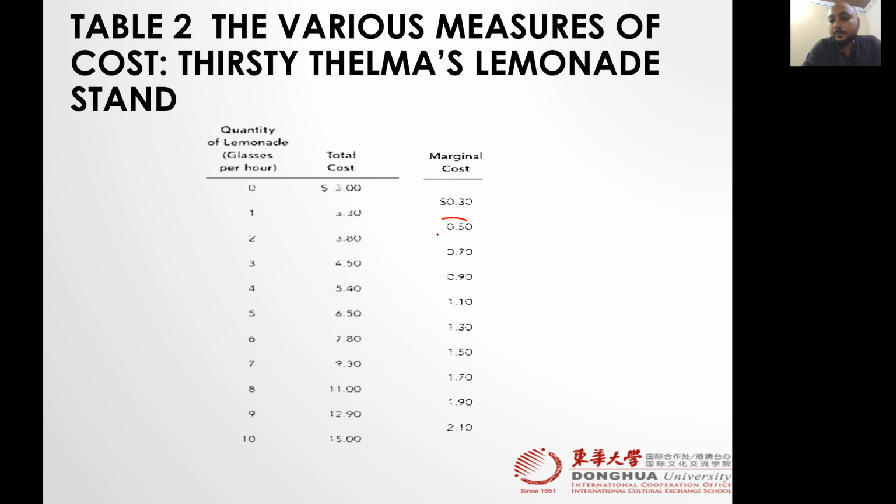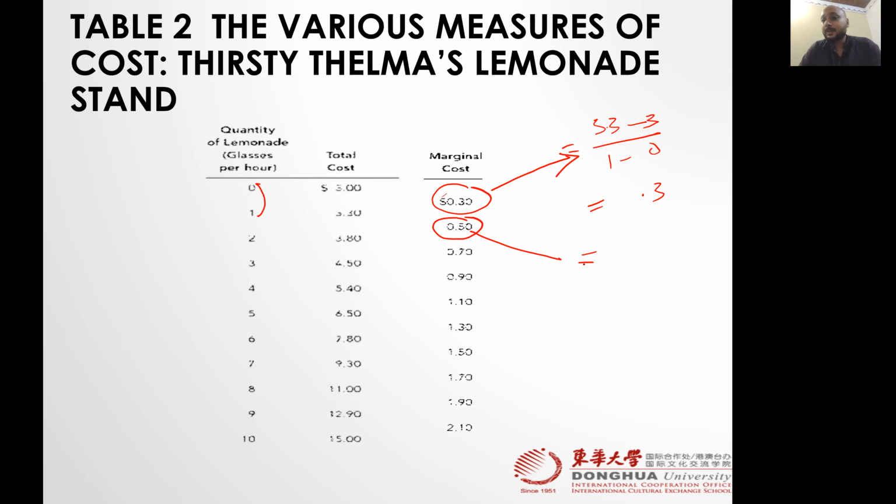So where are this 0.3 and 0.5 coming from? If you produce one more unit from 0 to 1, what is the change in total cost? Change in total cost is going to be 3.3 minus 3, divided by 1 minus 0. Answer is going to be 0.3. How is this 0.5 coming from?